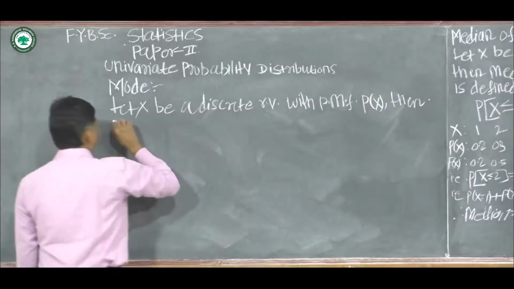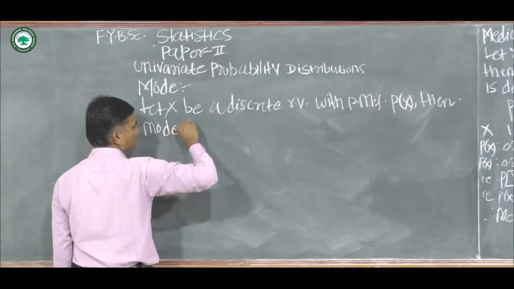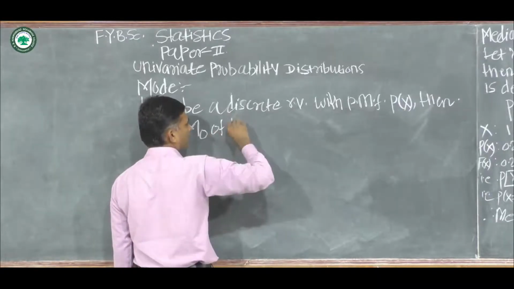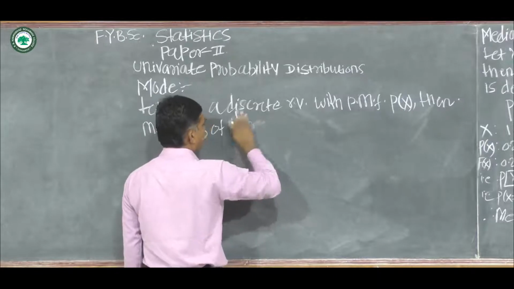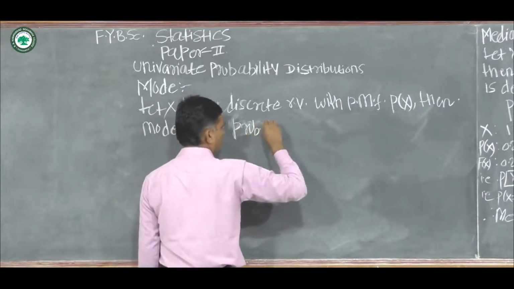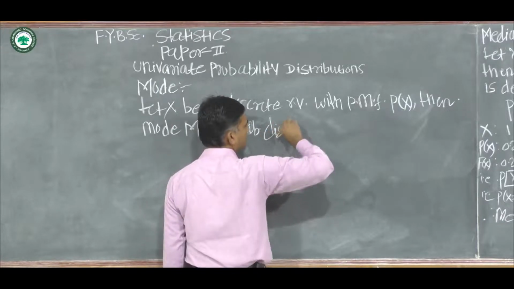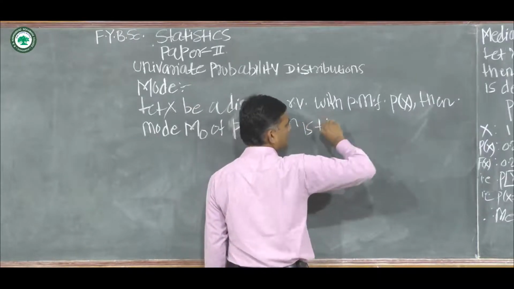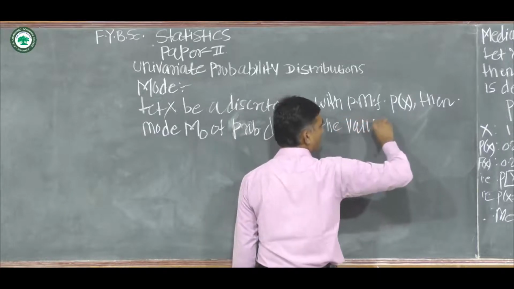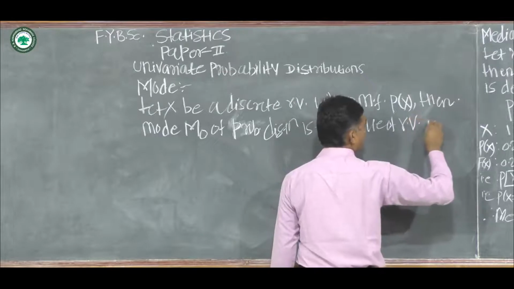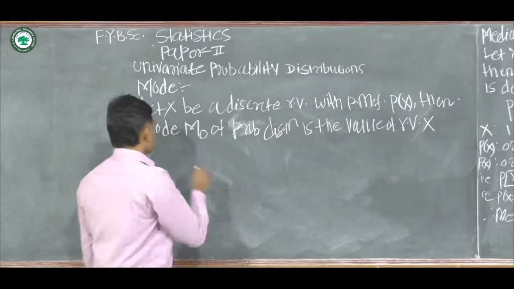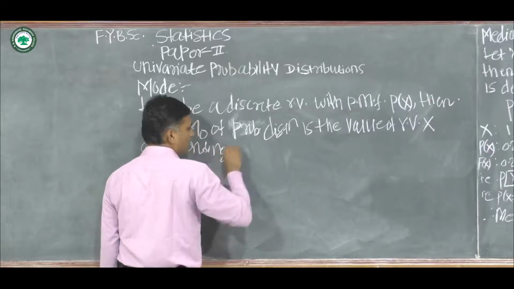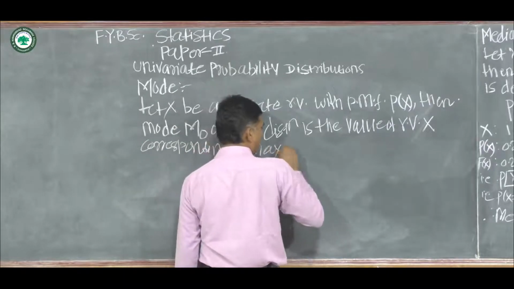Then the mode M0 of the probability distribution is the value of the random variable x corresponding to the maximum probability.